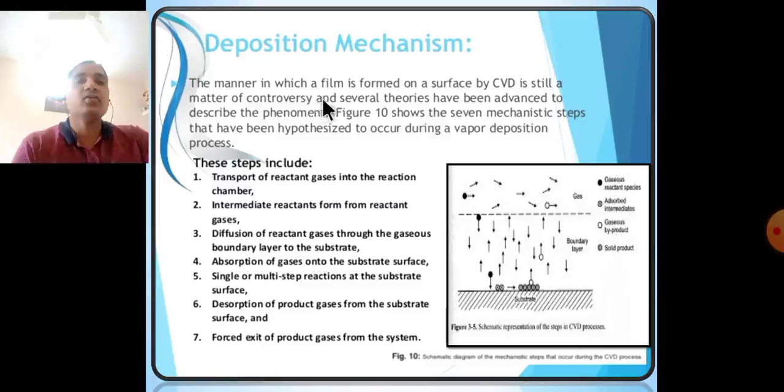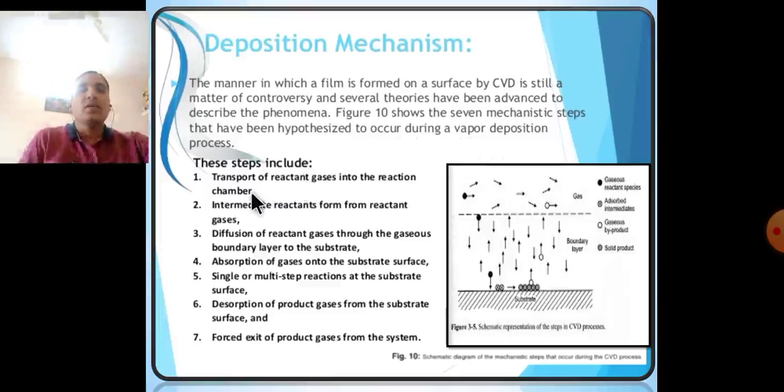The manner in which the film is formed on the surface in CVD is still a matter of controversy, and several theories have been advanced to describe the phenomena. Figure 10 shows the 7 mechanical steps that have been hypothesized to occur during a vapor deposition process.